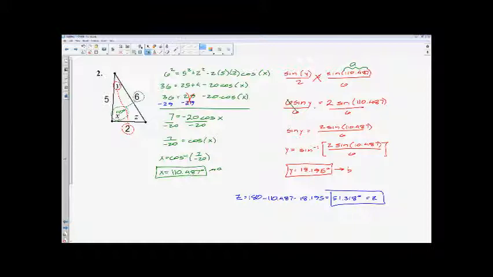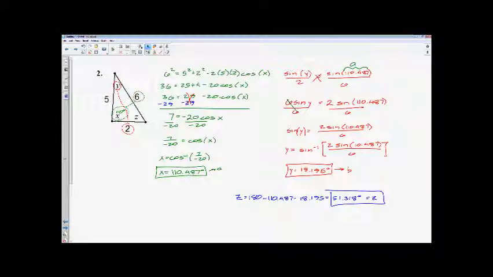Oh, I know what I was doing. Pointing out that anytime you write a sine, cosine, or tangent, you have to make sure you put an angle inside it. When I write sine or cosine, I had to say sine of x or sine of y or cosine of x.